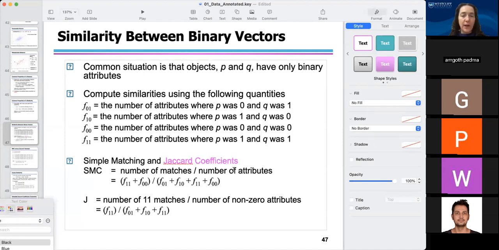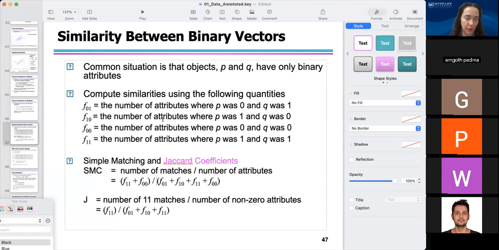So these would allow us to compute distance for binary objects. If we are comparing two values, let's say the value for attribute 1 for the first object and for the second object, that's two values for attribute 1.